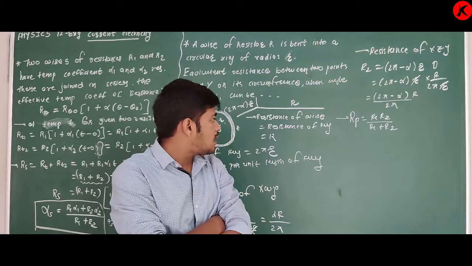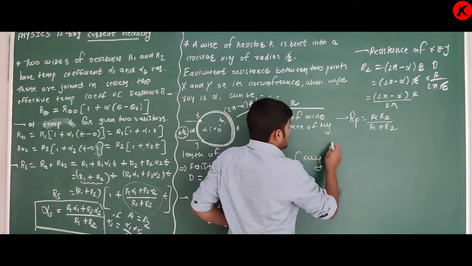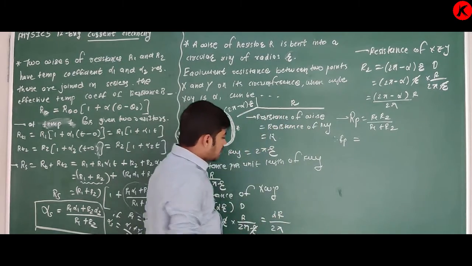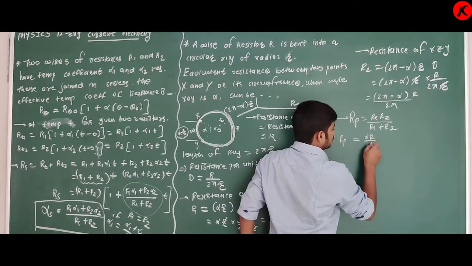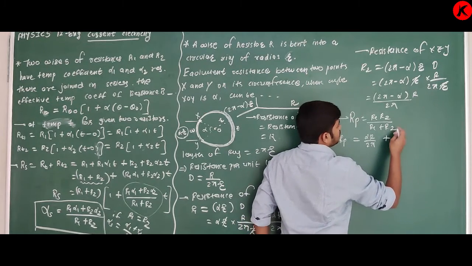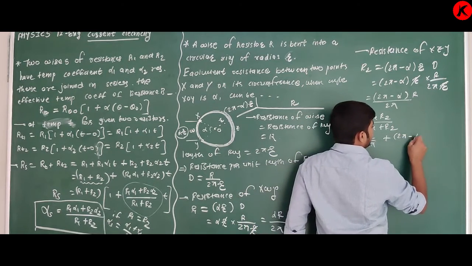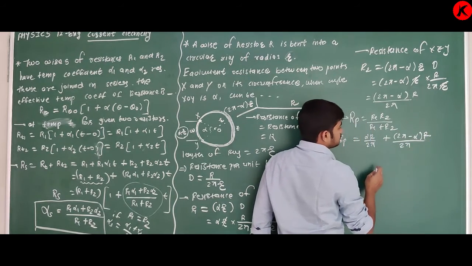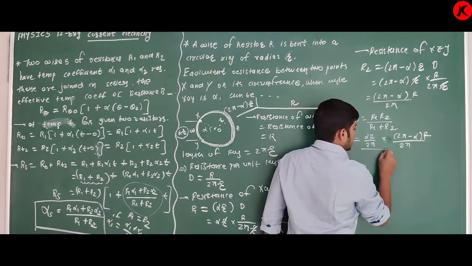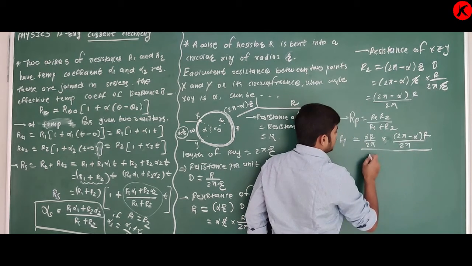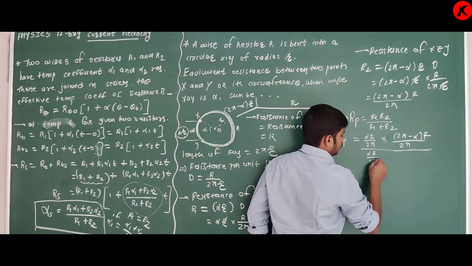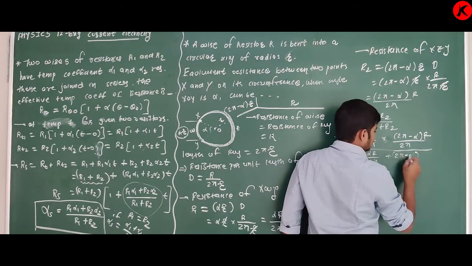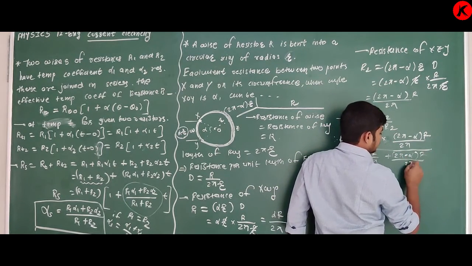Therefore RP is equal to alpha R upon 2 pi into 2 pi minus alpha into R divided by 2 pi, all divided by alpha R upon 2 pi plus 2 pi minus alpha into R divided by 2 pi.